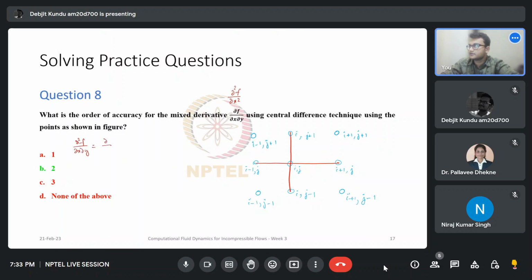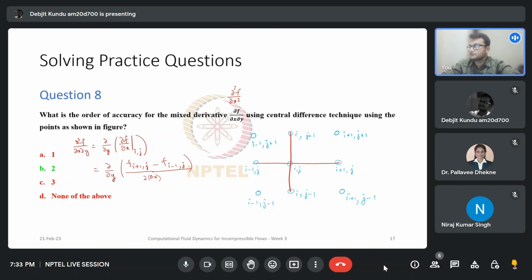I can write it as ∂/∂y of ∂f/∂x evaluated at i, j. Okay. So I can take a central difference here, and using these 2 points we will get f of i plus 1, j minus f of i minus 1, j, and it could be divided by 2 delta x.